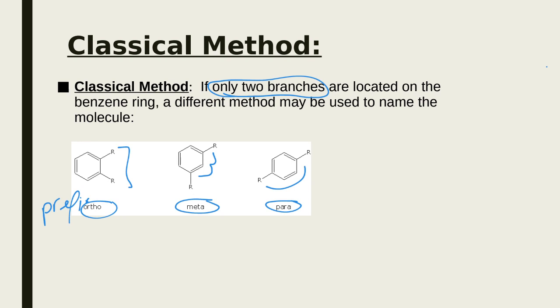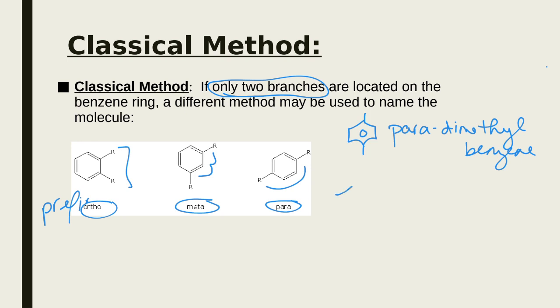So for example, if I had a benzene ring that looked like this, and I had a methyl group above and below, they are on opposite sides, I could name this by saying para-dimethyl benzene. And that prefix of para tells us that those methyl groups have to be opposite to each other.